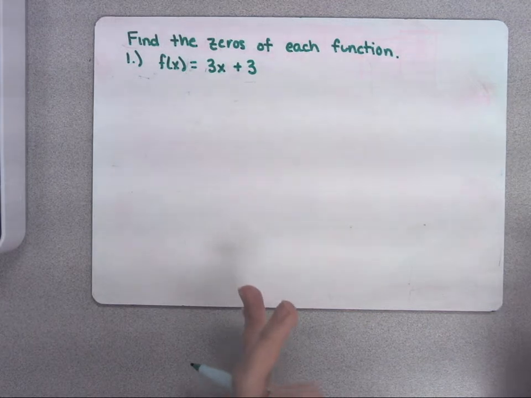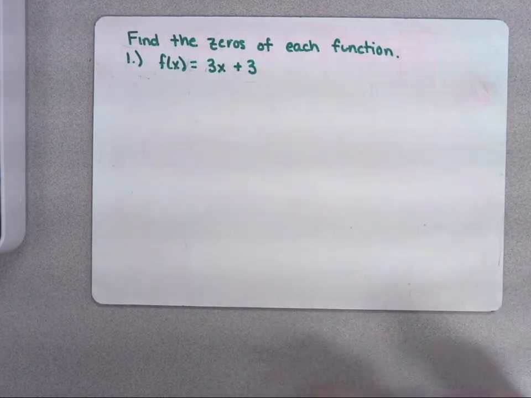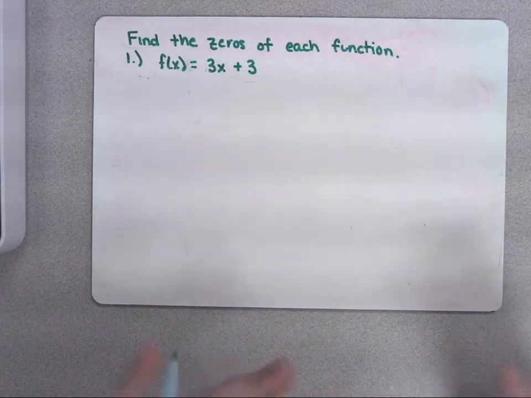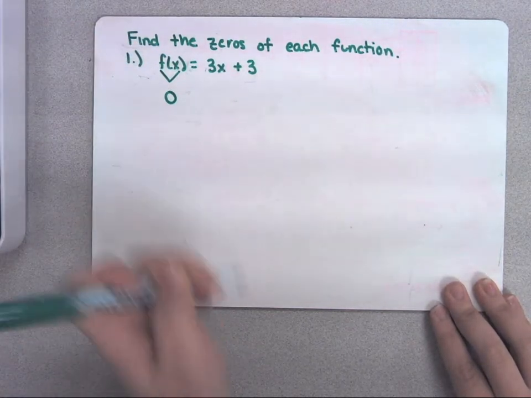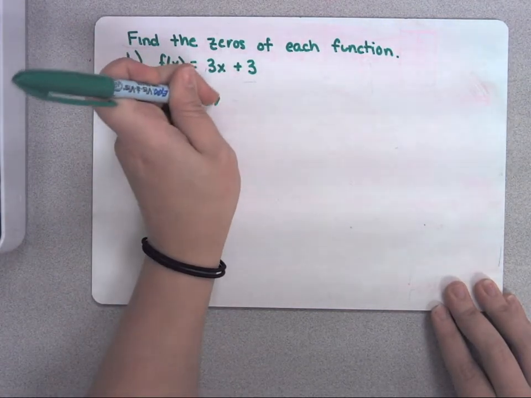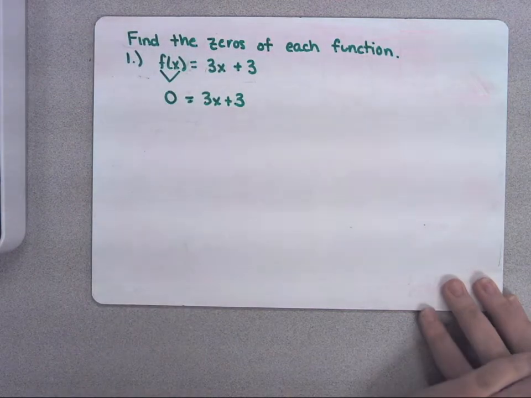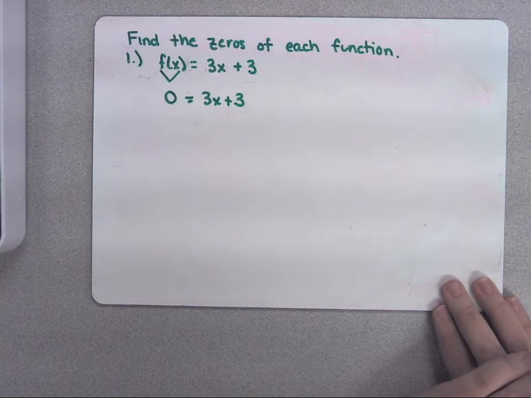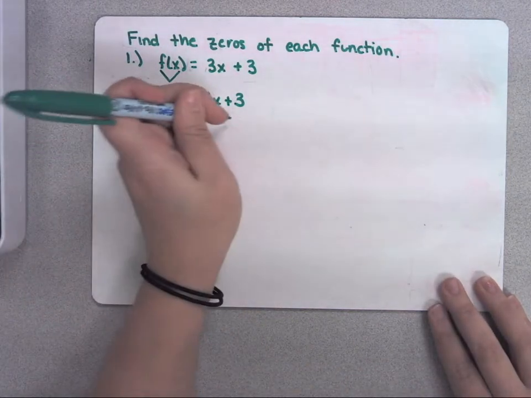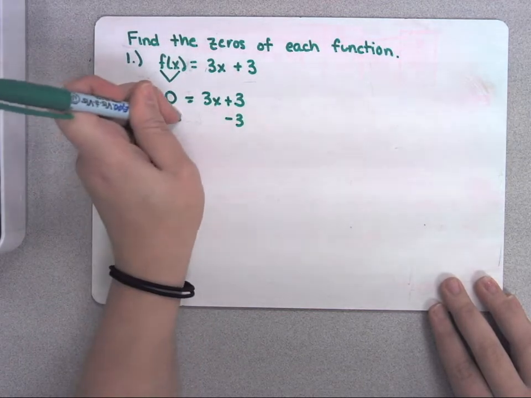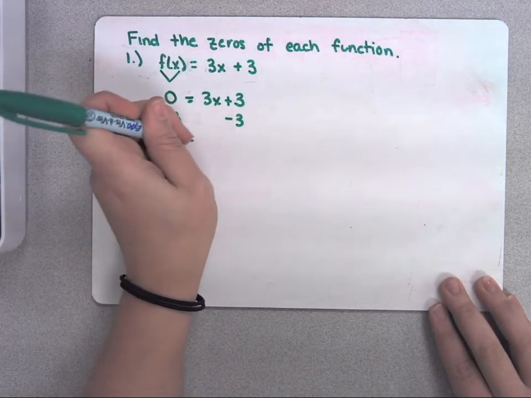What are we going to do to get x by itself? What do we do first? We take 0 and plug it in for this. So all of this is replaced with 0, then equals 3x plus 3. Then just solve. What do we do, Ty, to get x by itself? Subtract 3 from both sides. So you get negative 3 equals 3x.